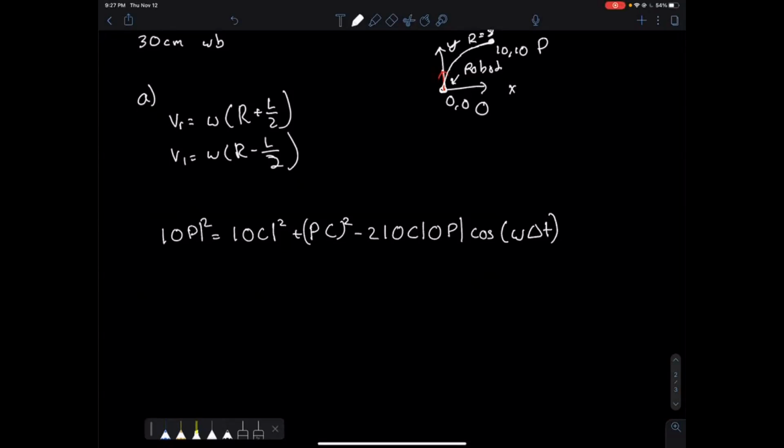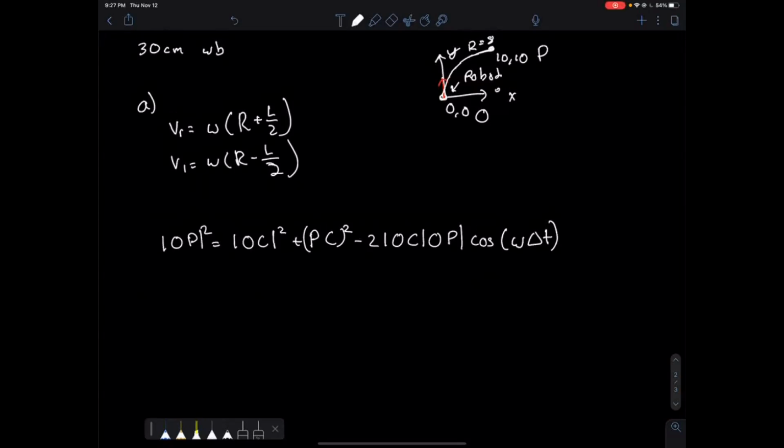Remember, C is going to be our ICC. So in this case, C would be somewhere around here.